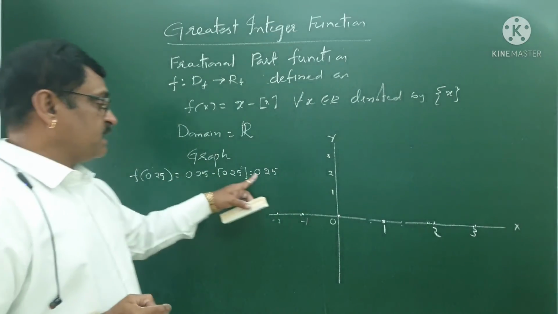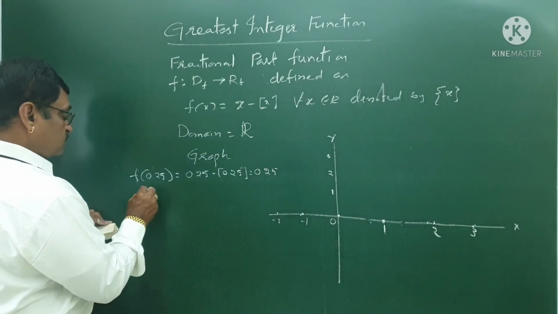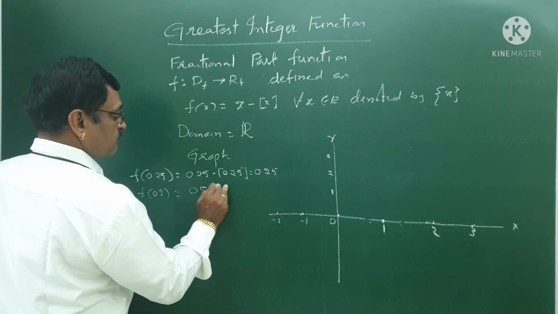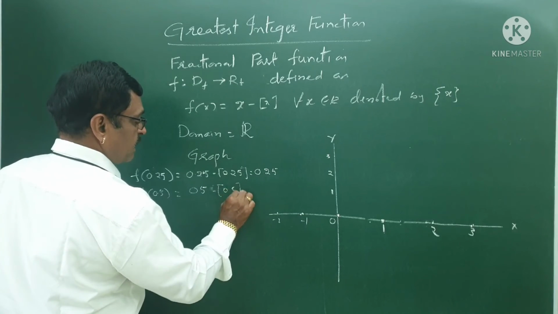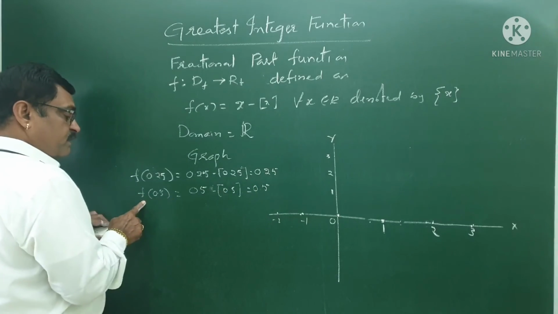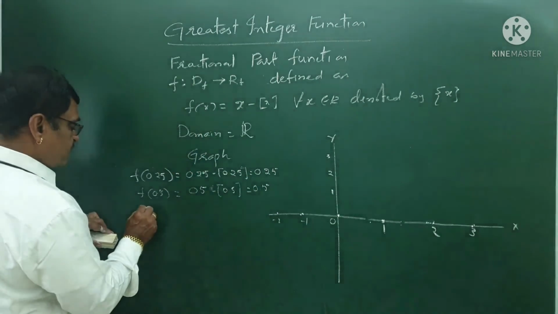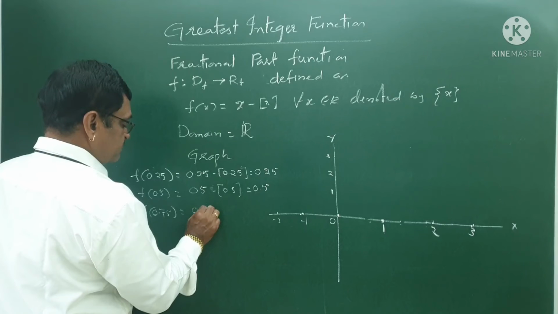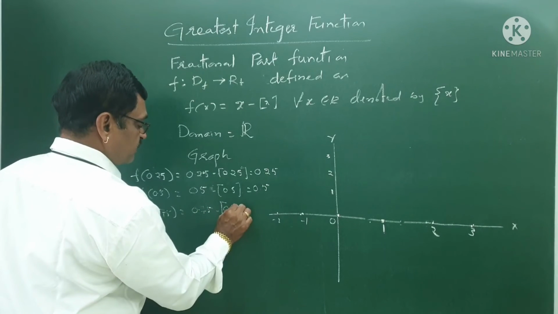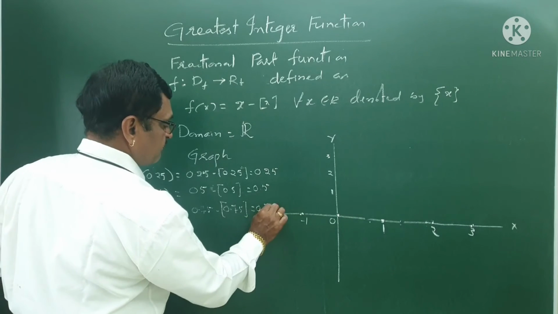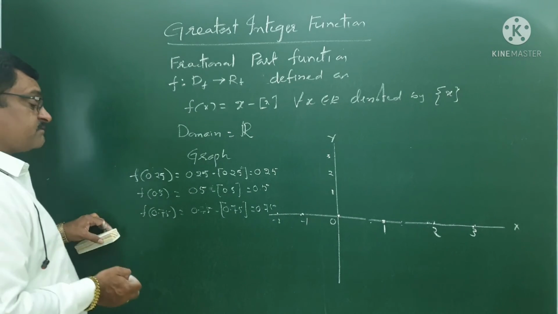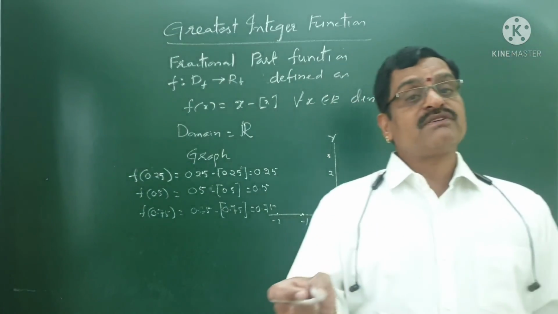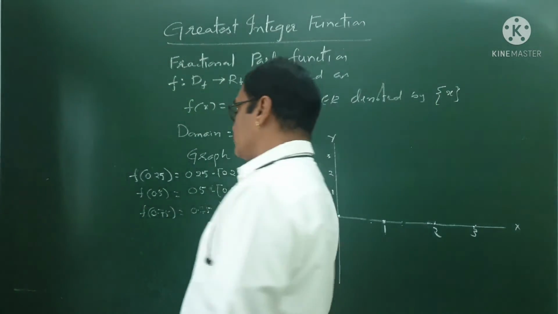That means input and output both are same. Now f of 0.5 is 0.5 minus integral part of 0.5, again 0.5. Let me check for f of 0.75 also: 0.75 minus integral part of 0.75 is again 0.75. That means if you take any value between 0 and 1, the input and output both are same. That means nothing but the graph y is equal to x.